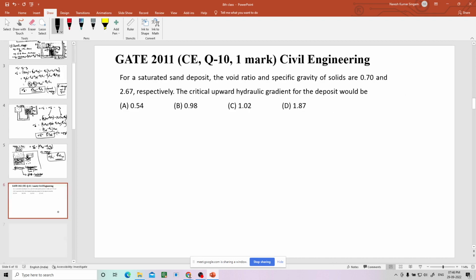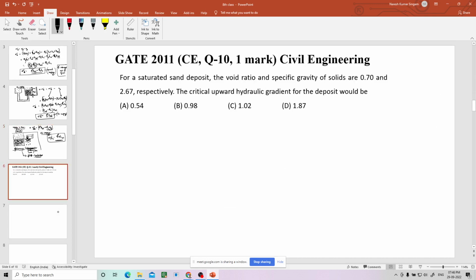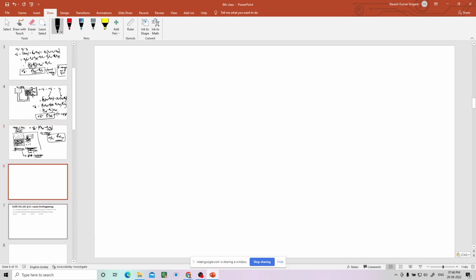How does it matter? Downward seepage. So in downward seepage, when can it happen?